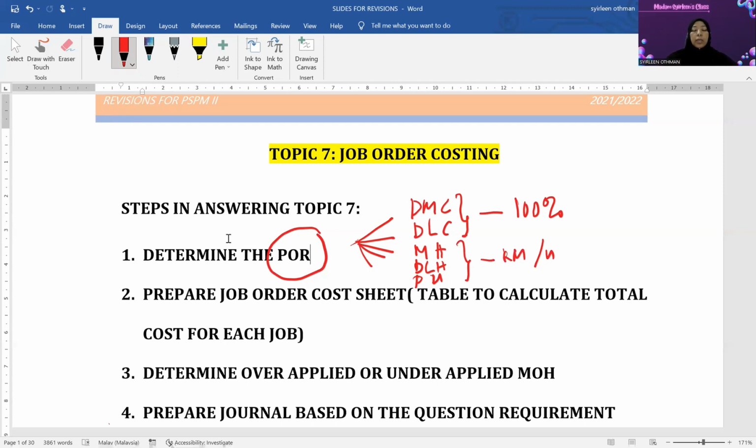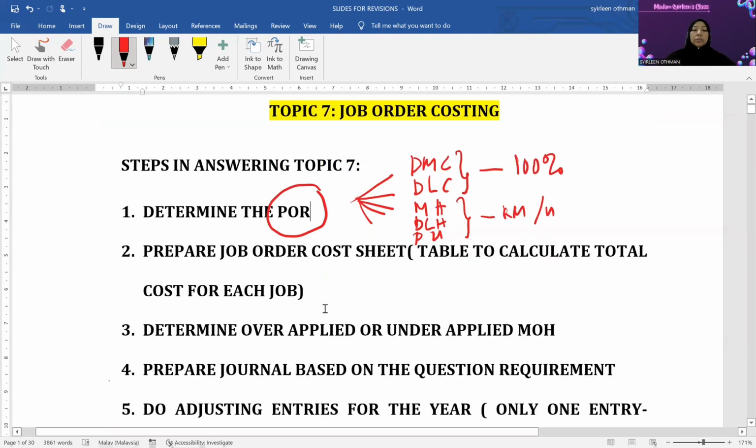So the best way to answer the questions in a more proper and systematic way, kita akan buat cost table, so that we can calculate the total cost for each job.